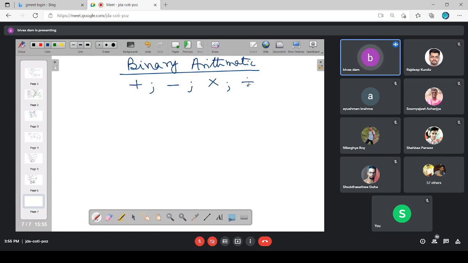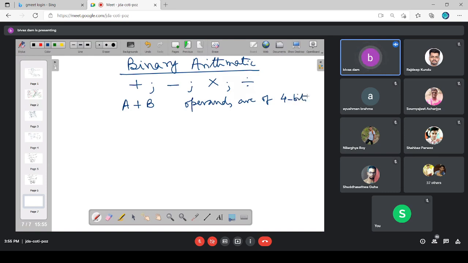So in essence, if we confine ourselves to only addition and subtraction, that should be sufficient. So let me go for addition first. We are going for the A plus B operation, where A and B, both the operands, are of 4 bits.